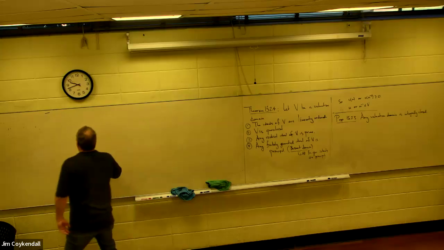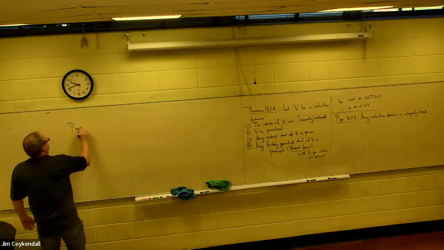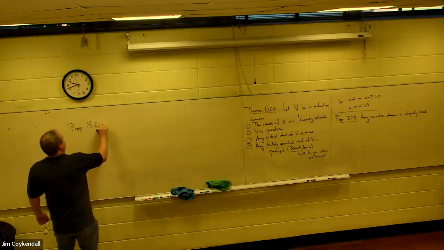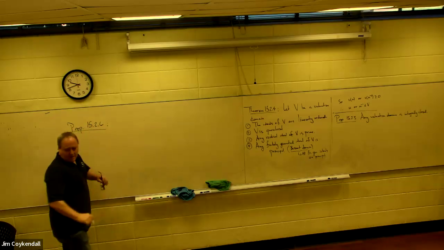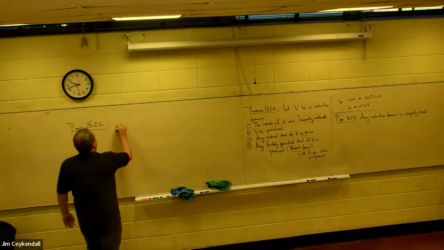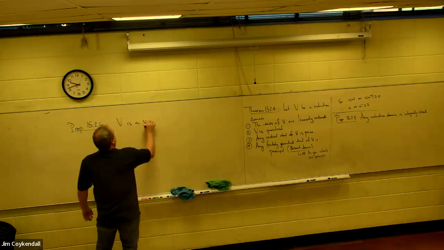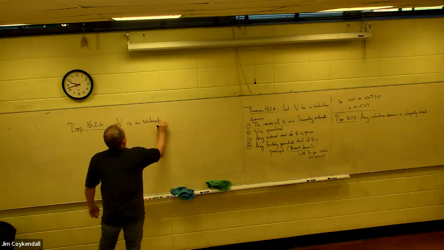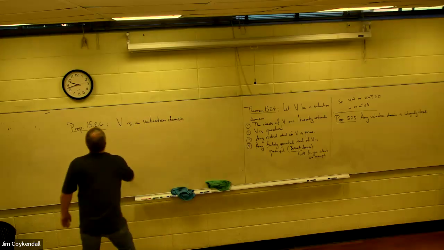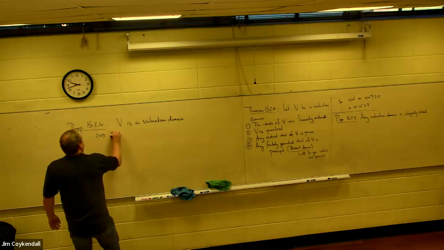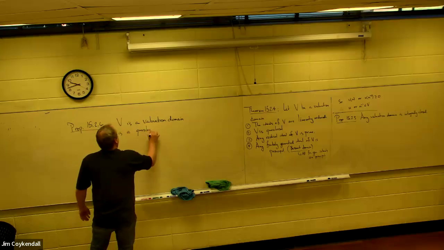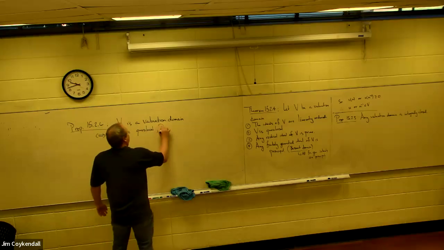Proposition 15.2.6: V is a valuation domain if and only if V is a quasi-local Bezout domain.